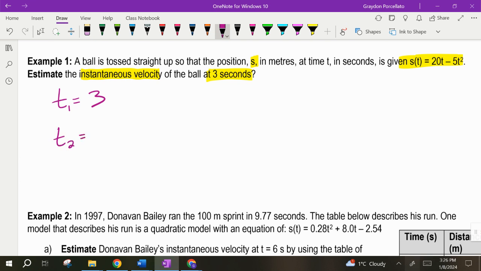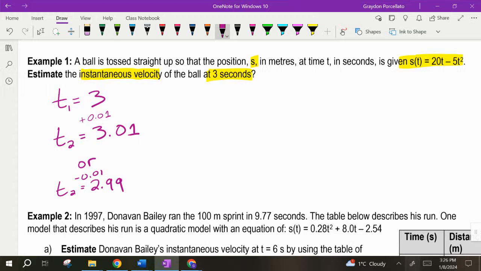is going to be 3.01. All I do is add 0.01. Or if you wanted to, your t2 could be 2.99. That's subtracting 0.01.